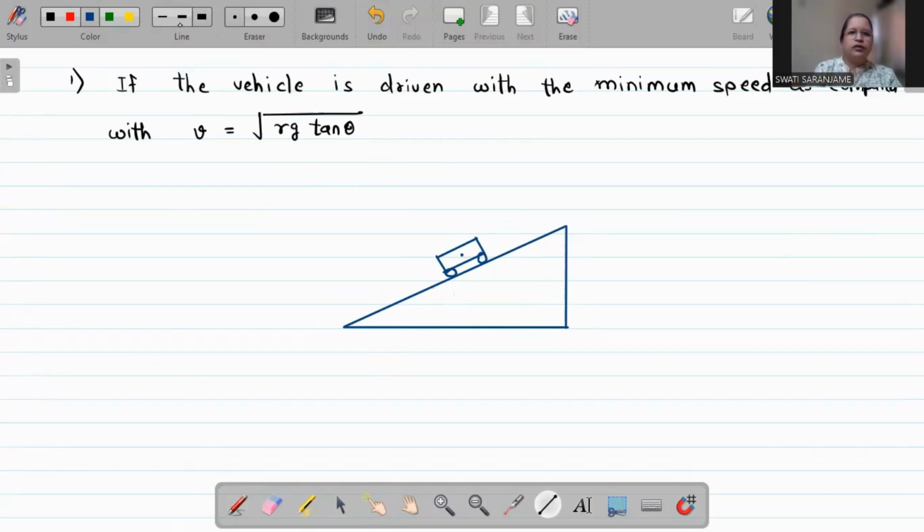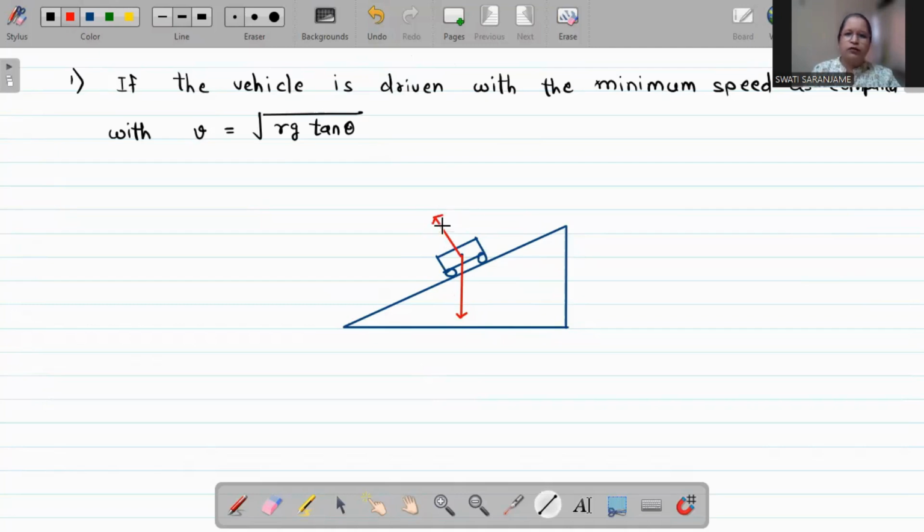Again, this dot represents the center of mass of the car, and we know that weight mg will act vertically downward, and the normal reaction exerted by the road surface is perpendicular to the road surface.